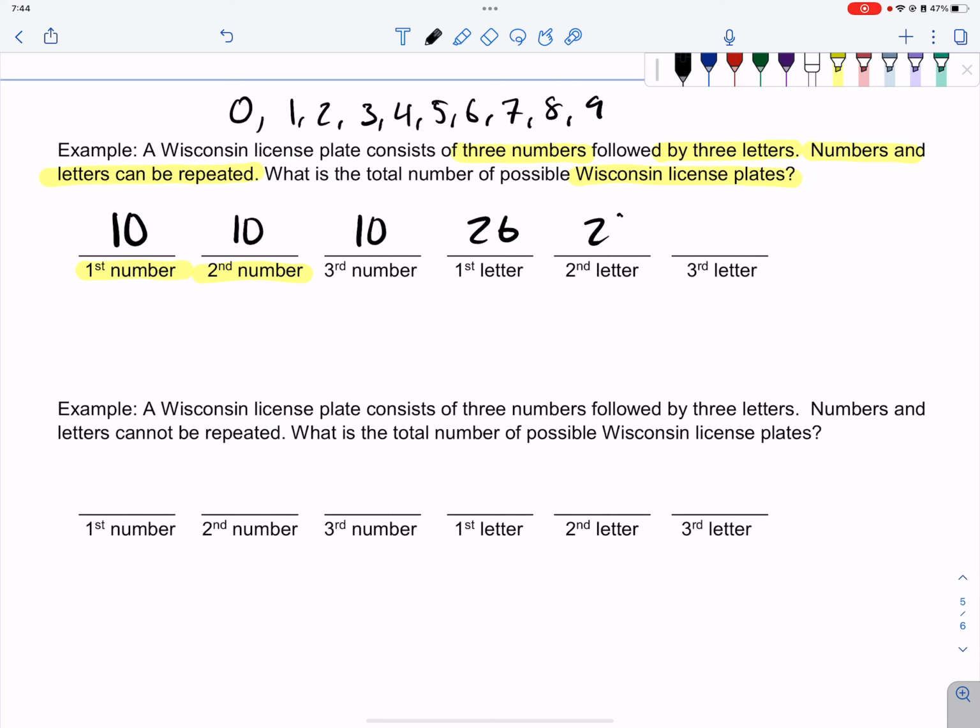And same with the second and third because they can be repeated. So now we can take all of these and multiply them together. And when we do that, we get a very large number here. 17,576,000 different license plates that could be made if the numbers and letters can be repeated.